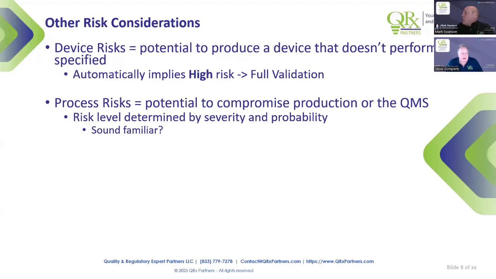What they want you to think about is things like severity: how bad would it be if that happened, and how likely is it to happen? Hopefully that sounds really familiar, that they didn't invent a new concept here. If you're not getting it, it's a reference back to ISO 14971, that those kinds of concepts are alive within this guidance document as well.